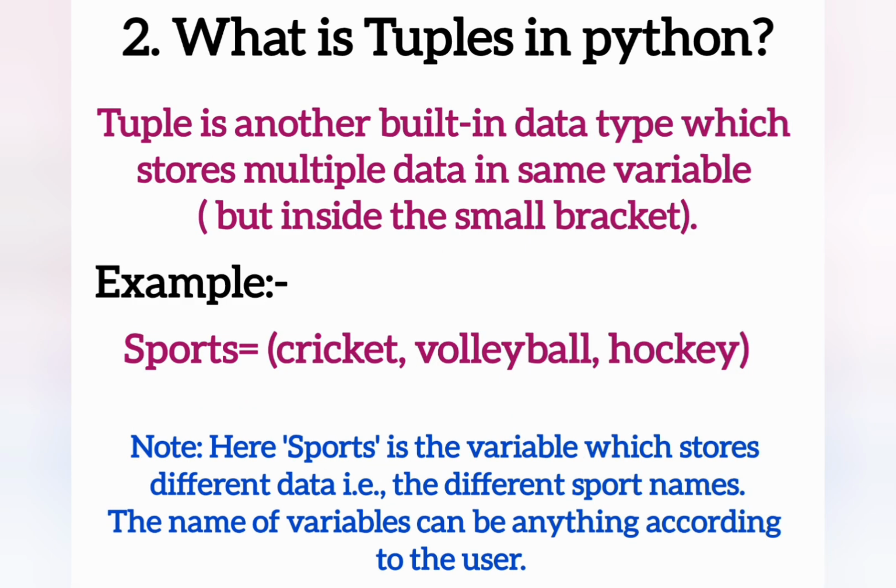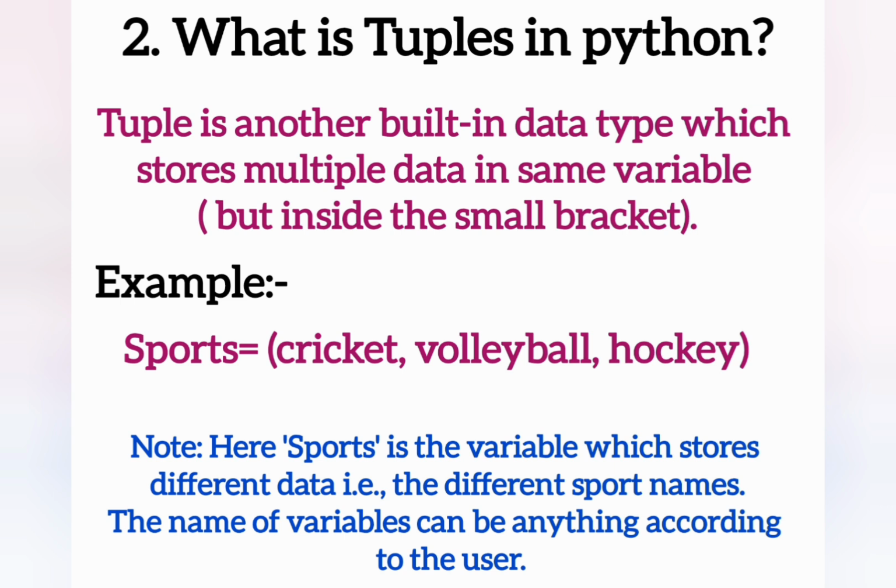The second built-in data type is tuple. So what is a tuple in Python? A tuple is another built-in data type which stores multiple data in a single variable. This is the same as a list, but the difference between list and tuple is mainly the format in which they store the data.